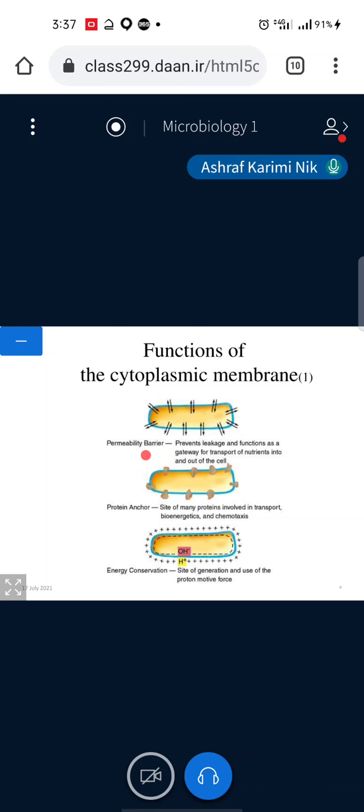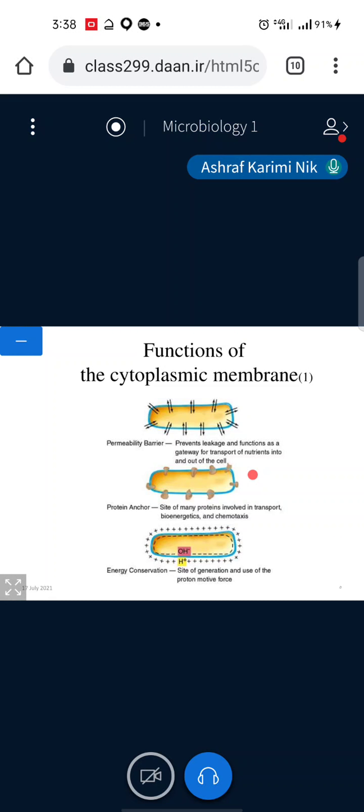Permeability barrier means it prevents leakage and functions as a gateway for transport of nutrients into and out of the cell. Some nutrients can enter the cell, and some cannot. That is because of permeability.